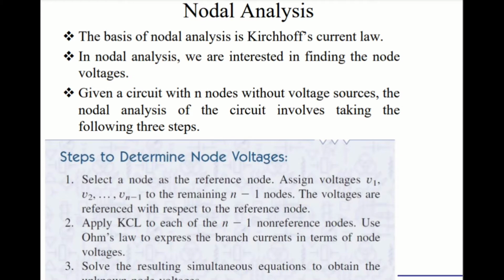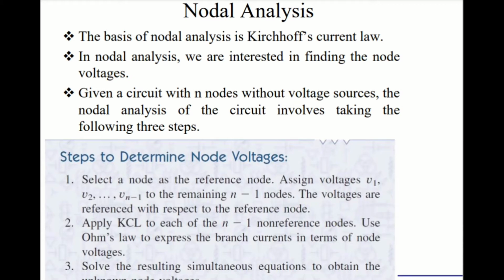Given a circuit with N nodes without voltage source, the nodal analysis of the circuit involves taking the following 3 steps to determine the node voltage. The first step is to select a node as the reference node. Assign voltages V1, V2, and so on to the other nodes. The voltages are referenced with respect to the reference node.